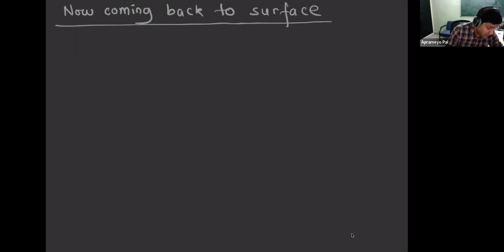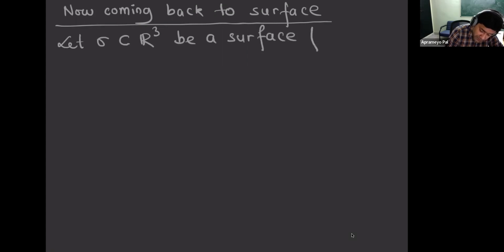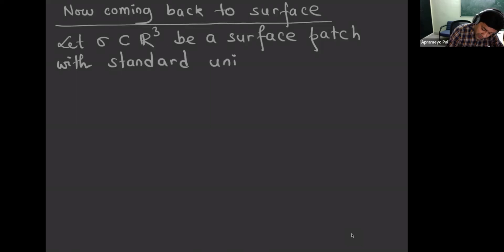First, let sigma in R3 be a surface patch, or a parameterization, along with some standard unit normal n.